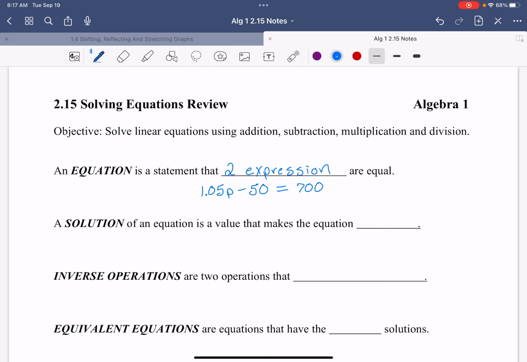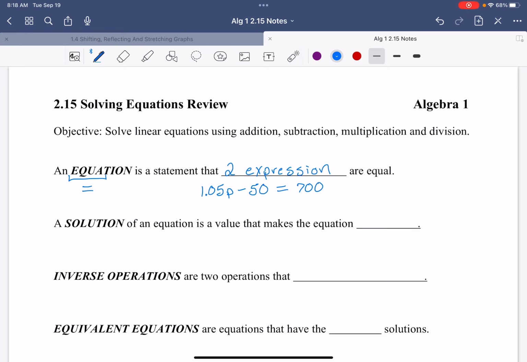So let's say I've got $700 to spend and I want to figure out how expensive of a phone I can purchase, like our phone problem from the last section. Okay, so important part here is the equal part. An equation has an equal sign.